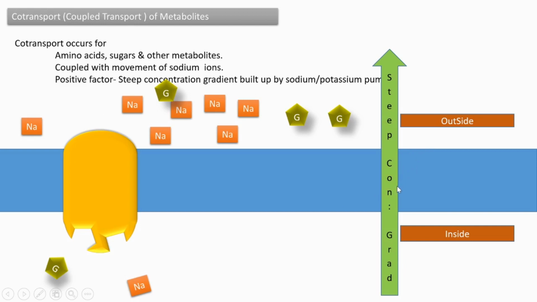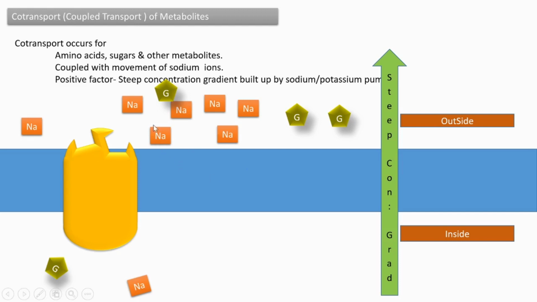That concentration gradient is actually built up by the sodium potassium pump. Very simple, only this much. Again it returns to its original conformation after releasing the glucose and sodium.